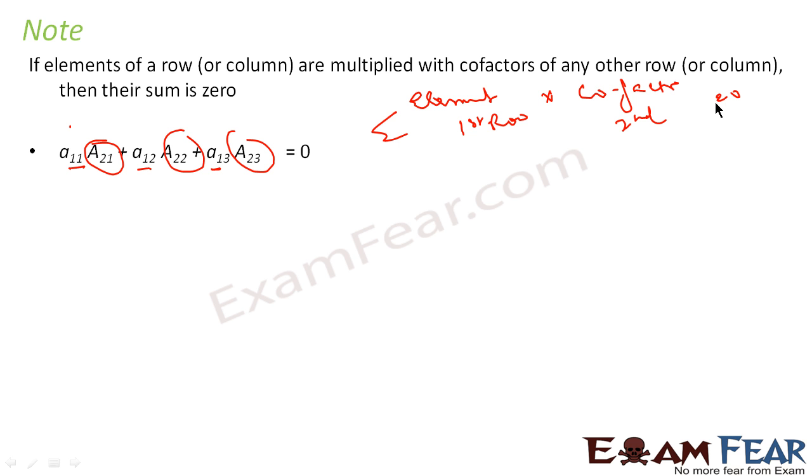Not only first and second: if you take elements of first row and multiply with cofactors of the third row, then also it becomes 0. Or you take elements of second row, multiply with cofactors of first row, then also it becomes 0. Same thing applies to columns also.